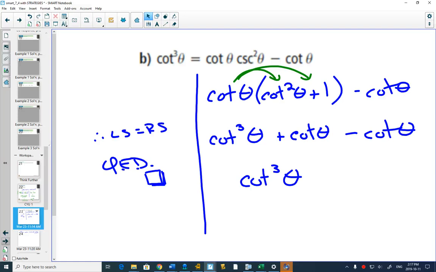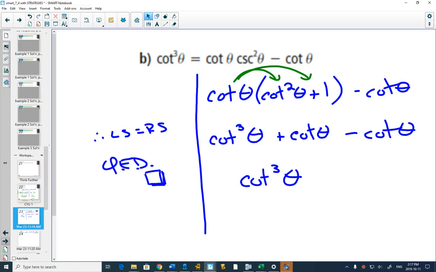It could have worked. It would work. It takes about 3/4 of a page at least, but it's not wrong. But I noticed, hey, there's a relationship between cosecant squared and cotangent. So I could change the right-hand side so it only has cotangent. The left-hand side only has cotangent. That seems to make sense.